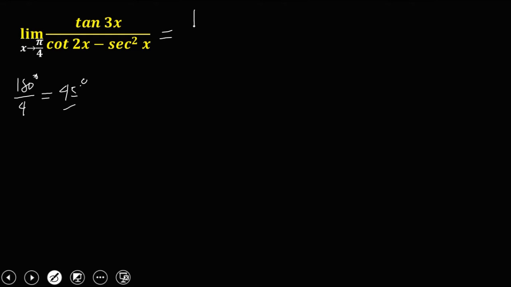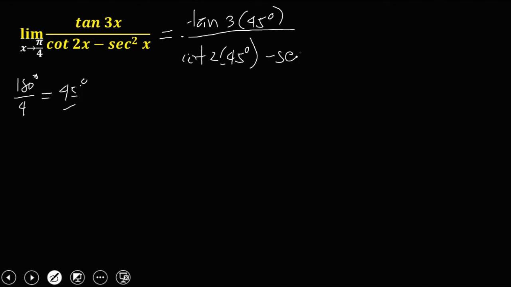So we have tangent 3 times 45 degrees over cotangent 2 times 45 degrees minus secant squared 45 degrees.